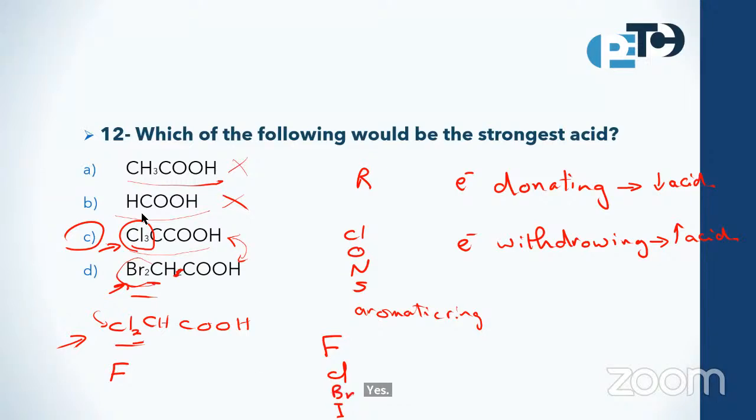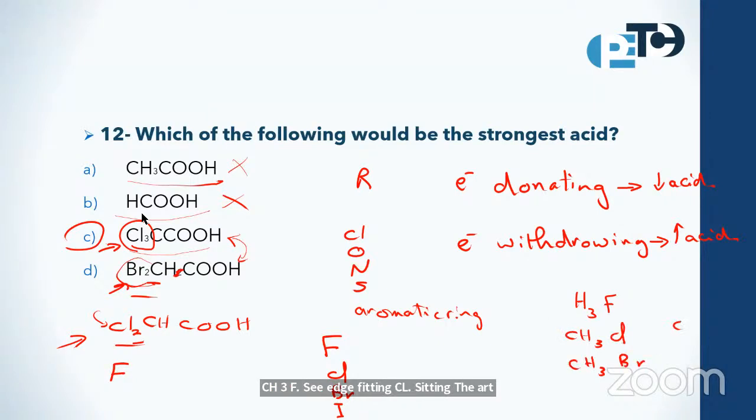If they ask about the stability of alkyl halides, for example CH3F, CH3Cl, CH3Br, and CH3I, which is more stable?